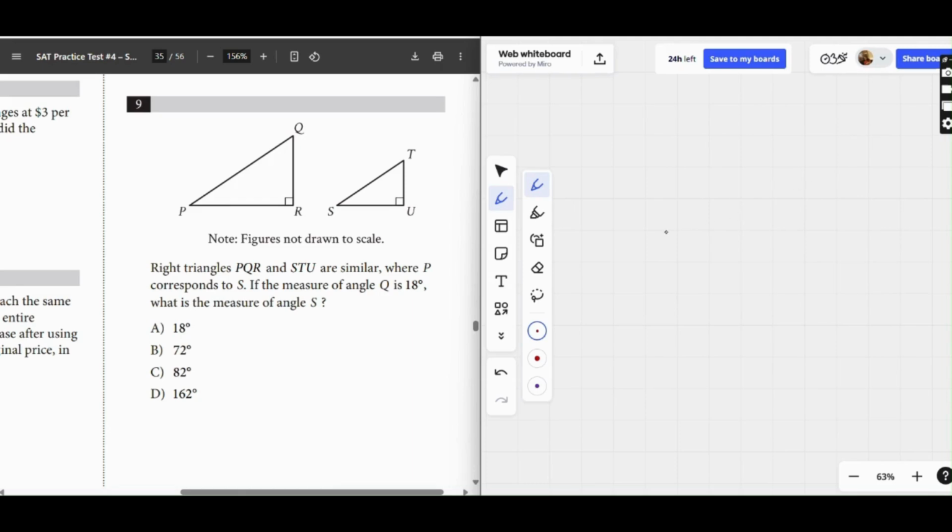We got something like this, 90. The Q is given as 18 degrees. So therefore this must be 90 plus 18, minus by 180. So this is going to give us 180 minus 90 is 90 again. And 90 minus 18 is 78.